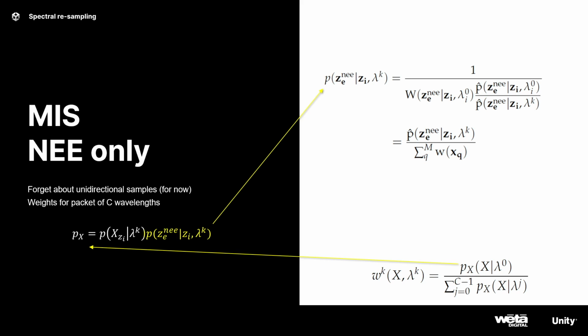This can simplify to the ratio of the target function at lambda k divided by the sum of resampling weights that are stored with the current reservoir, which is determined by the receiver point zi.